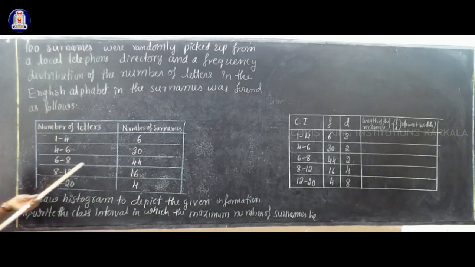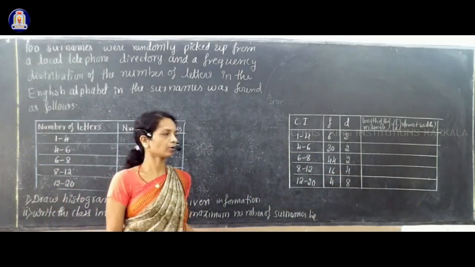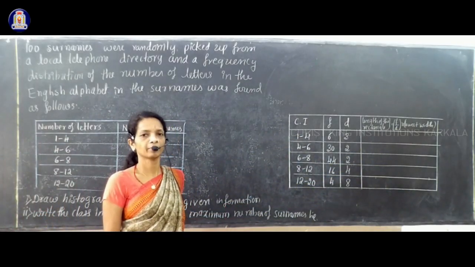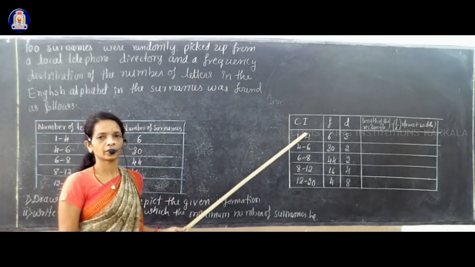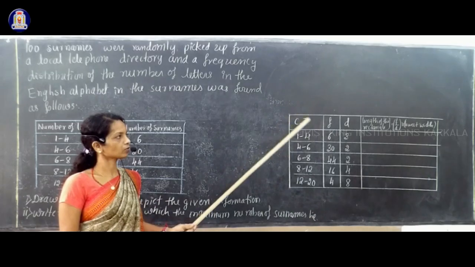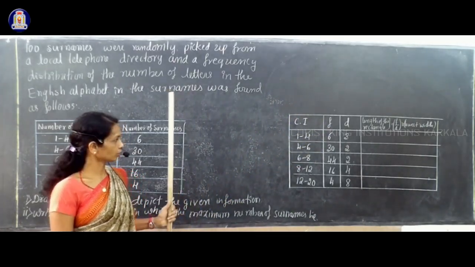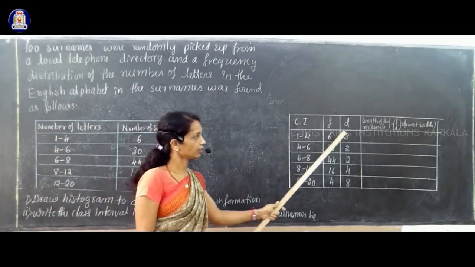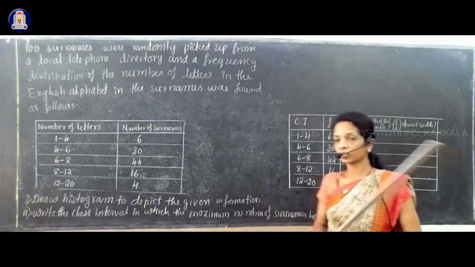So you have to add a column like this to get the actual height or length of the rectangular bar to draw the histogram. The class interval column and the frequency column will be there in the question like this, and this fourth column you have to add extra. What is the D column?